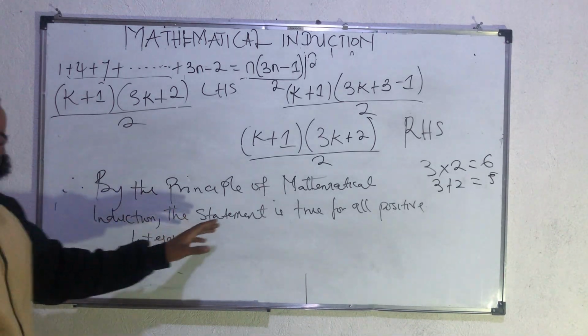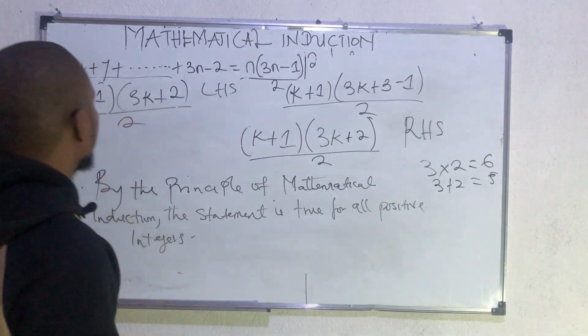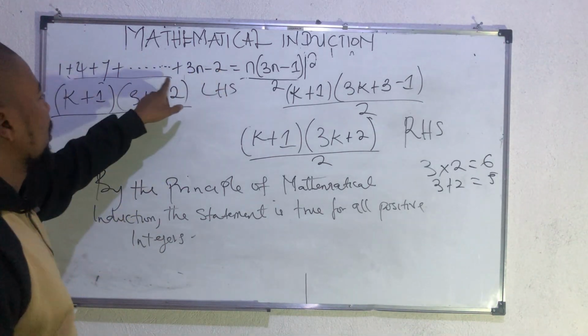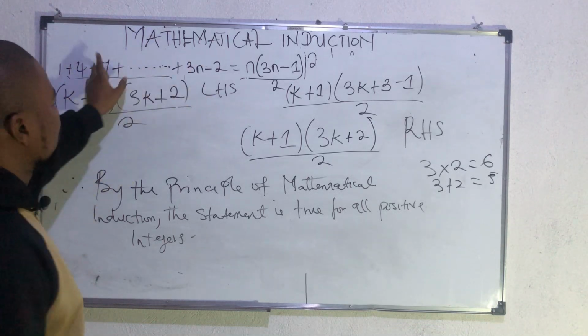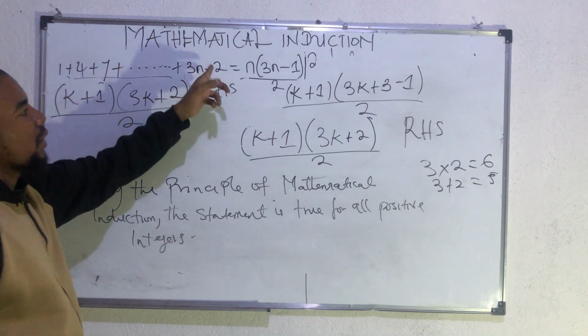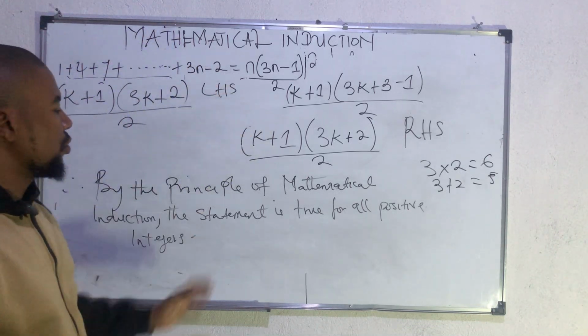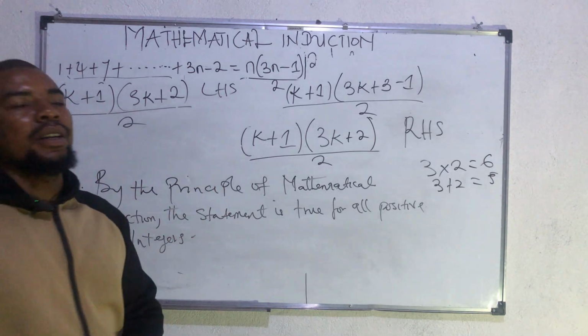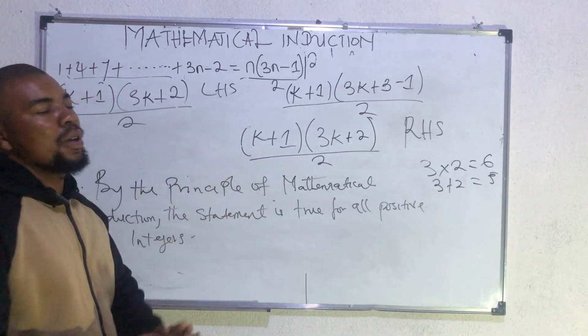So by the principle of mathematical induction, this statement is true. This is the original statement: 1 plus 4 plus 7 plus dot dot dot plus 3n minus 2 is equal to this, and it is true for all positive integers. And this is all we have for today.